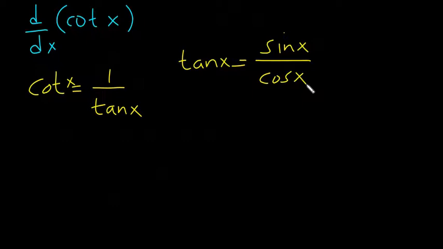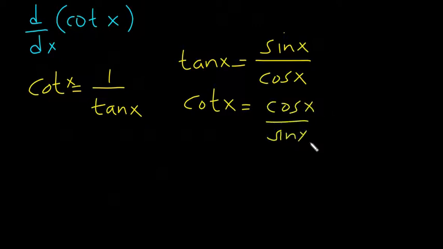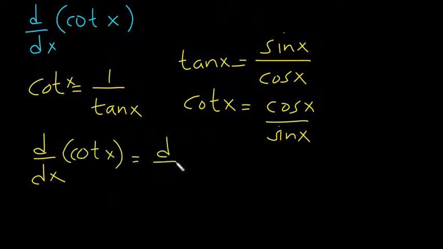So this means that cotangent of x is equal to cos x divided by sine x. So the derivative of cotangent of x is equal to the derivative of cos x divided by sine x.